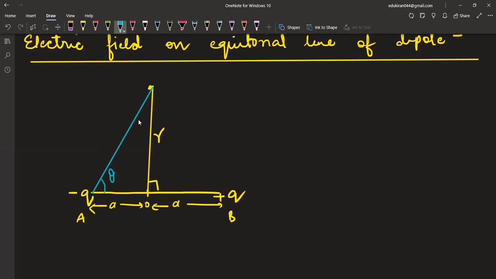So the electric field because of negative minus q is pointing downwards. And this is positive, so because of the positive charge, the electric field line will move away. So this is E plus Q, the electric field due to plus Q.